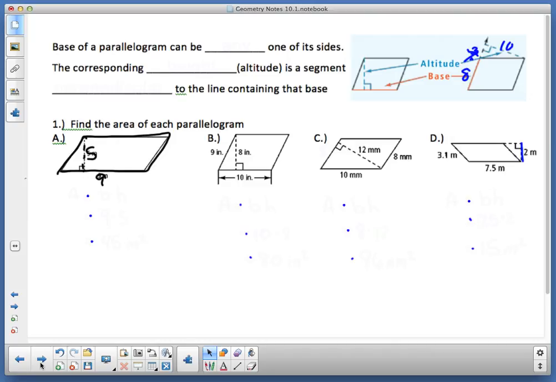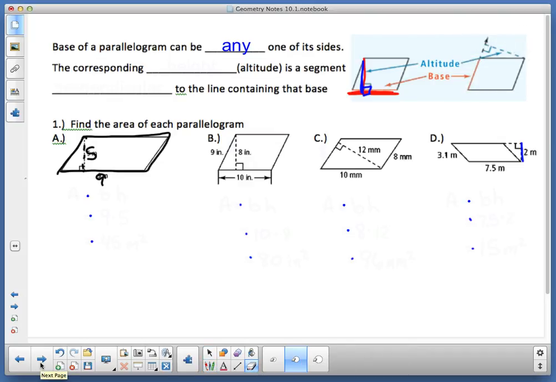Now, the base of a parallelogram can be any one of its sides. Keep in mind, if this is the base, this is the height, and the base and height have a perpendicular relationship. Now, I could change it and talk about the base and the height of any shape.